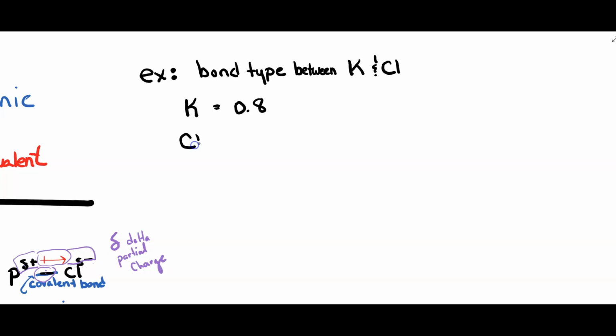The electronegativity value for chlorine is 3.0. So the difference in electronegativity would be, and I always just do the larger minus the smaller, but if you should accidentally do the smallest first, just take the absolute value of it because you don't need to show any negative. And I find this value is 2.2.